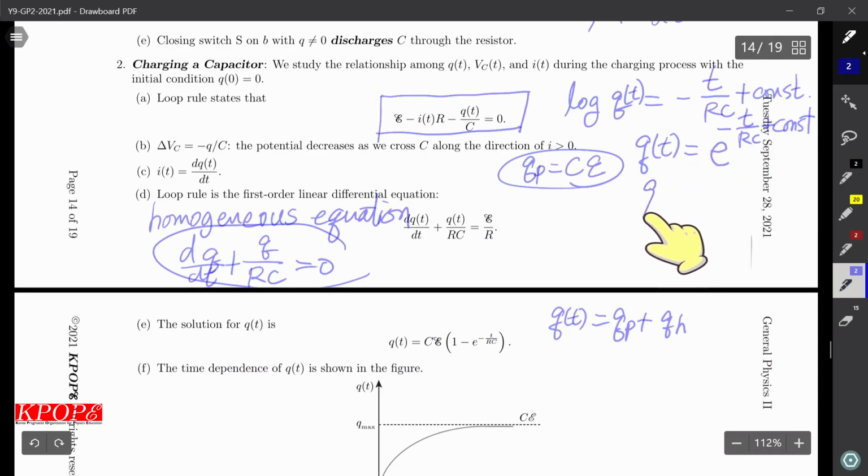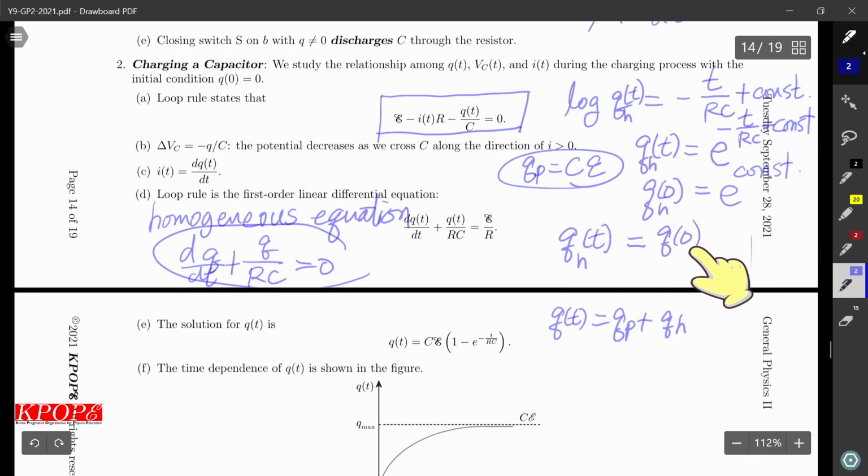If we substitute t equals 0, Q0 equals e to the constant. Therefore, you can say Q of t, the homogeneous equation solution, equals Q of 0 times e to the minus t over RC.